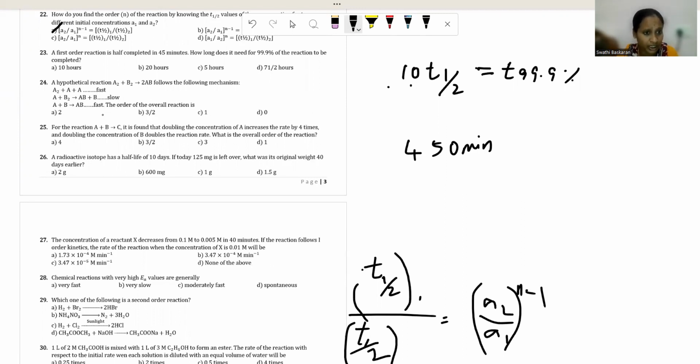So for any complex reaction, it always becomes important to understand the slow reaction, because the slow step is the rate determining step. So hence, before the slow step, whichever fast step comes, that becomes important. Now, if you carefully notice these two reactions, let me write the reactions.